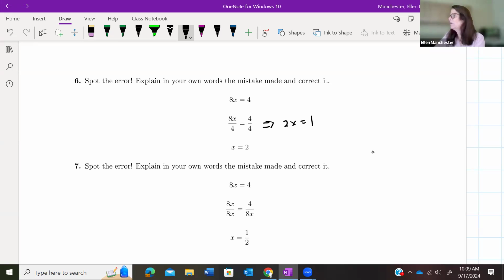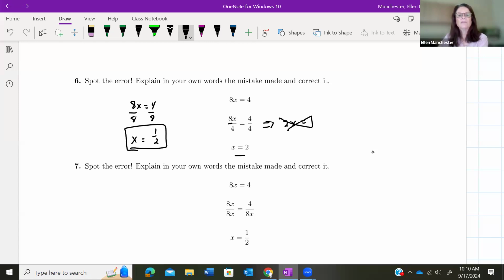So you always want to divide by the coefficient next to the x. So this is incorrect. To correct it, we're going to have 8x equals 4, and then we're dividing by the 8, which makes it x equals 1/2. So you can see big difference, right? This is the correct answer. This is the incorrect answer, and they're inverses.